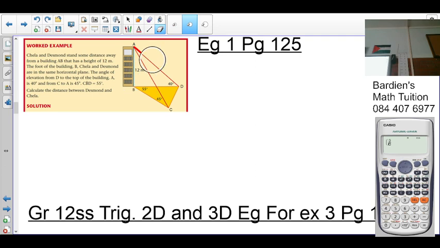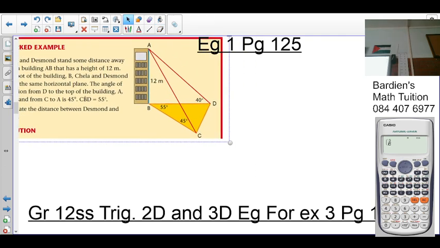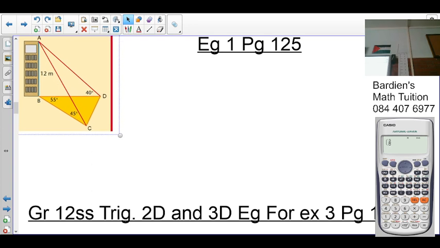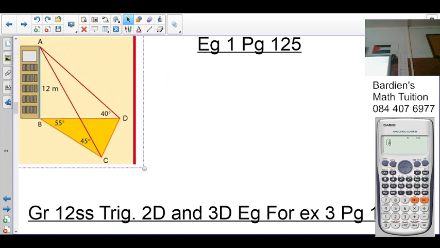Okay. This diagram is a bit too small now, so I don't need that anymore. I'll go a bit bigger. And there we go. We are going to need to calculate the length of CD. Can you all see that, people? But now there are many triangles. Okay? There are many triangles.